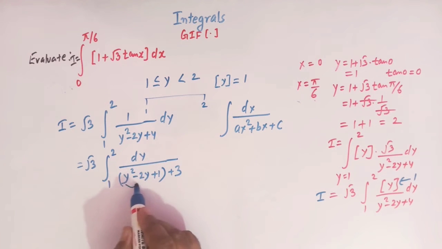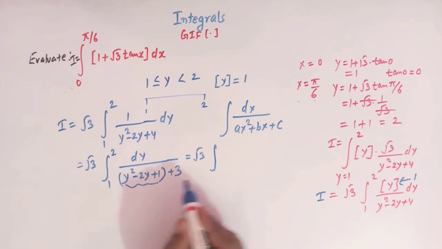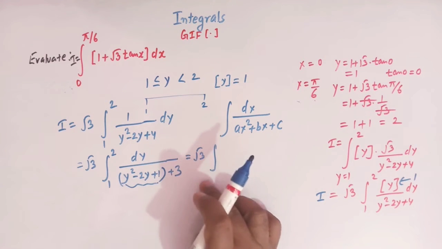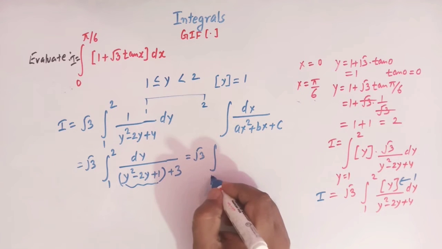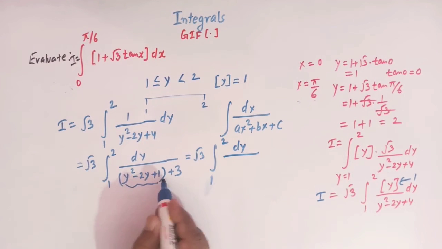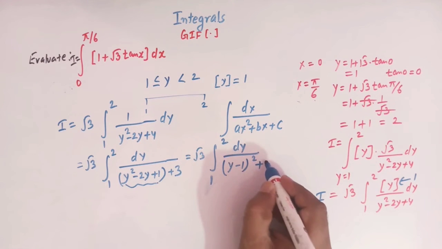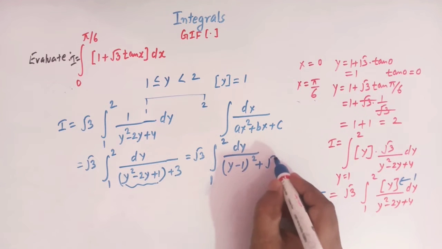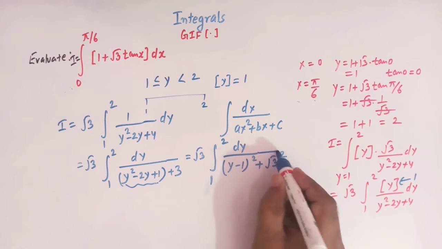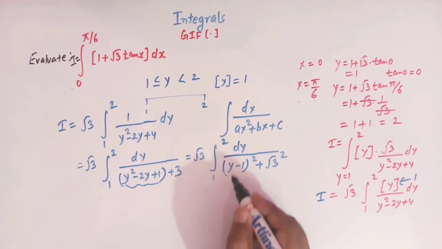So now this expression is equivalent to y minus 1 square, right? So here we have 1, here we have 2, then we have dy, and this is y minus 1 square plus 3, right? And 3 can be written as root 3 square. Now let us again make use of the method of substitution here.